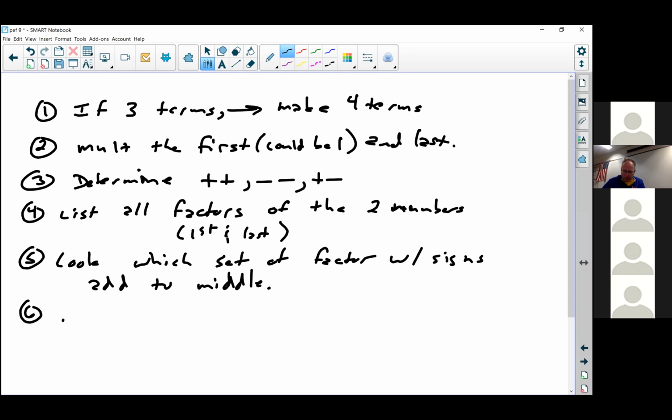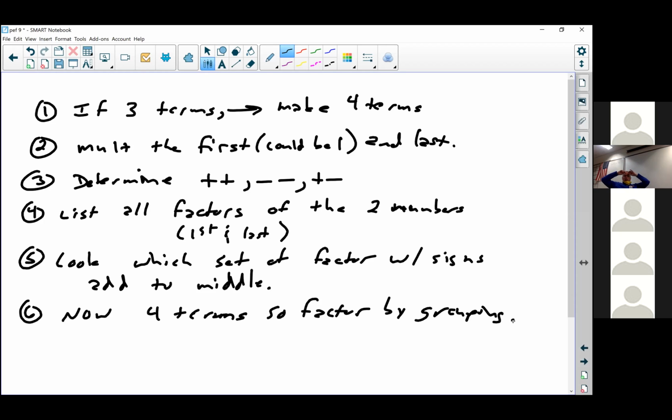Now 4 terms. So factor by grouping. Okay, so those are the steps needed to factor, okay?